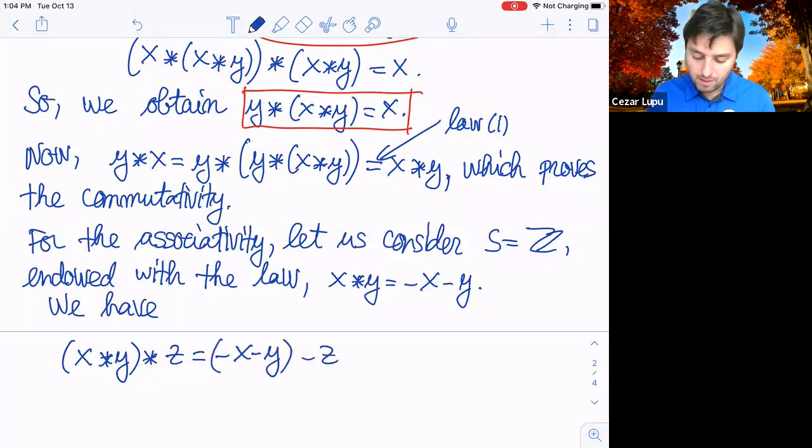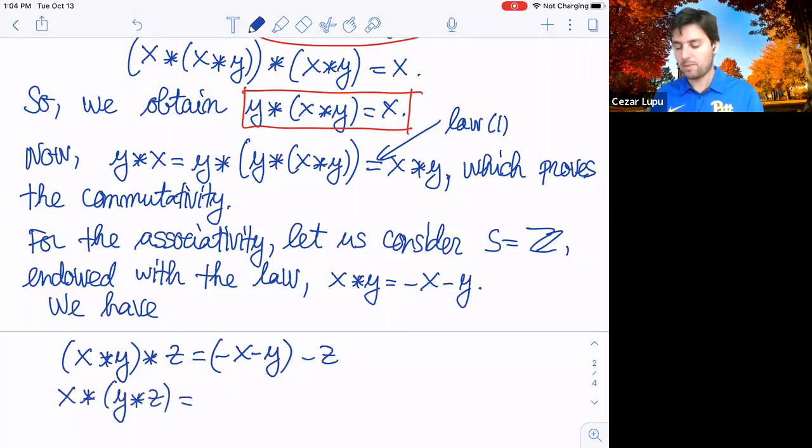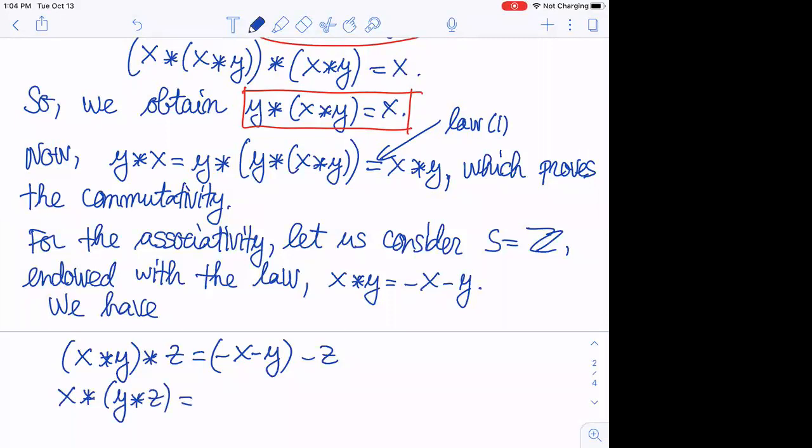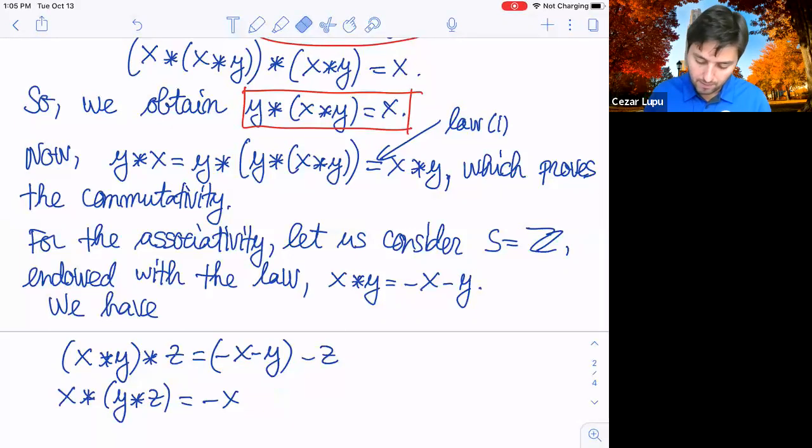Okay. And now let's see, what is this other one? x star y star z. This will be what? Can you tell me? Negative x, parentheses, negative y minus z. Or not star, sorry. Minus. Yeah, minus.